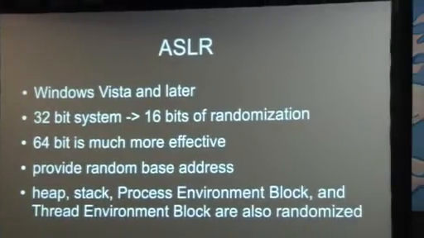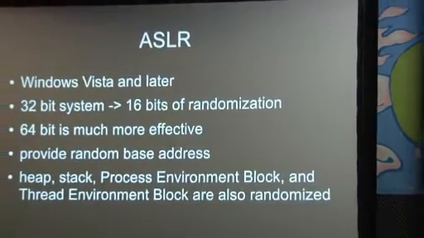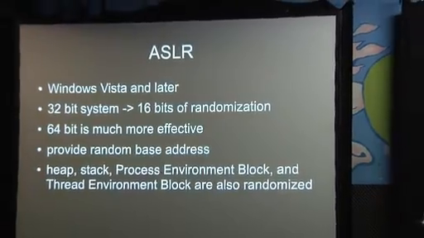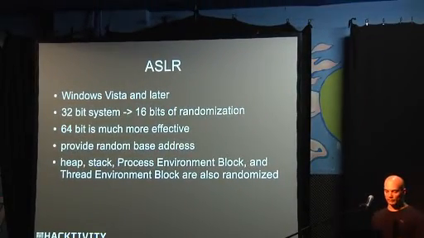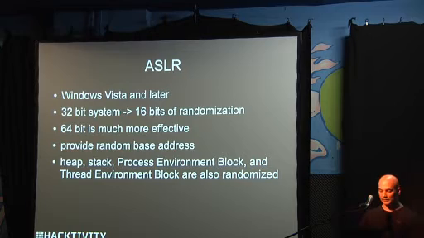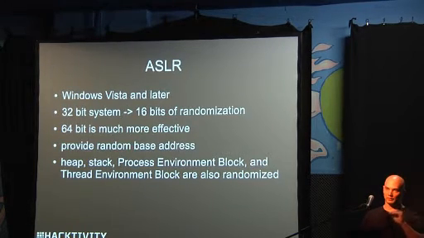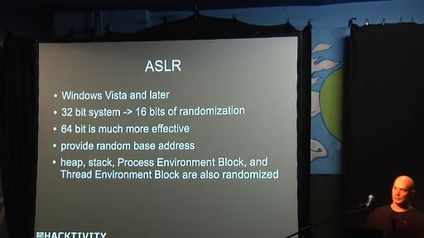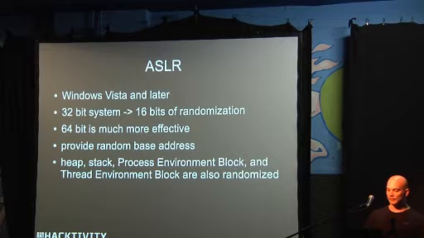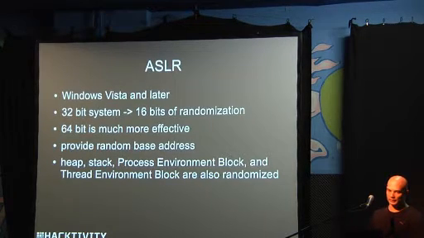Typically Windows Vista and later Windows releases are using these, and in 32-bit systems this is quite a poor solution because the addresses are stored in 4 bytes, and randomization with the top 2 bytes means 16-bit memory addressing.